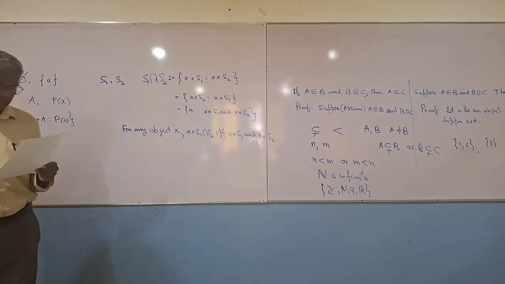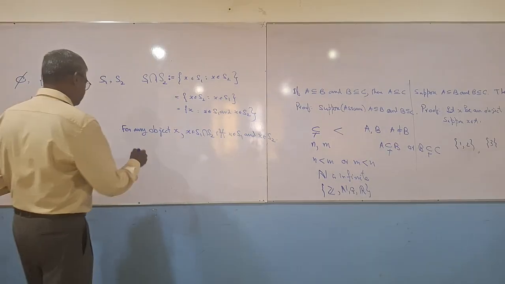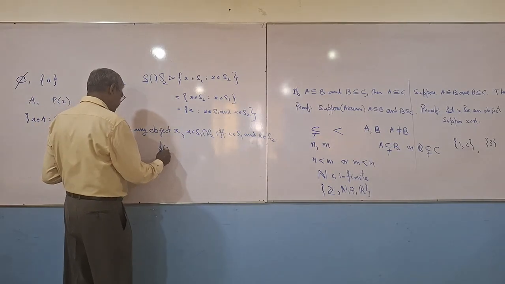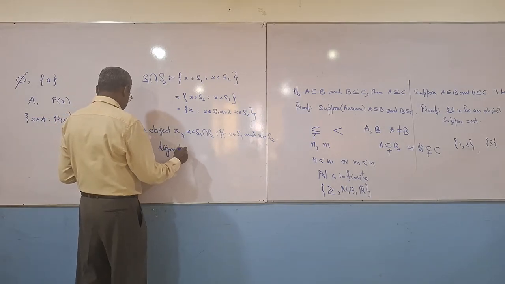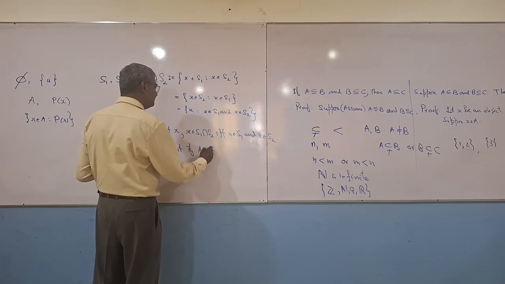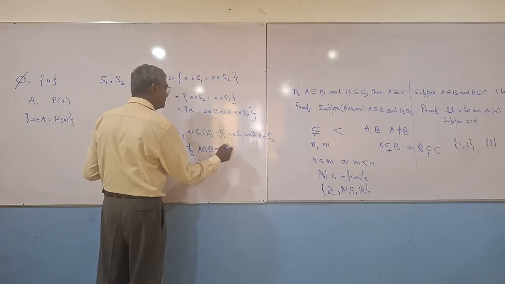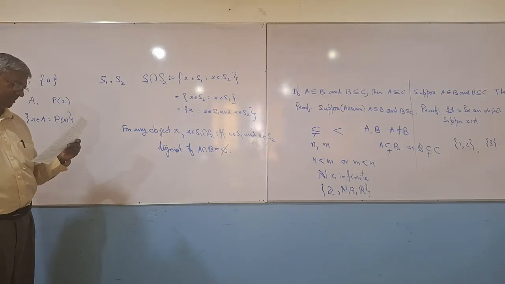Then he says two sets A, B are said to be disjoint. This is an important word, you need to know that. Disjoint means A ∩ B is empty.